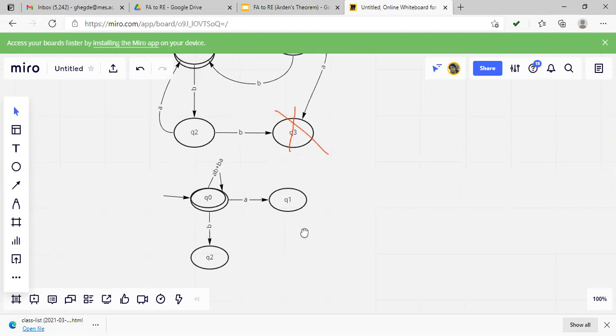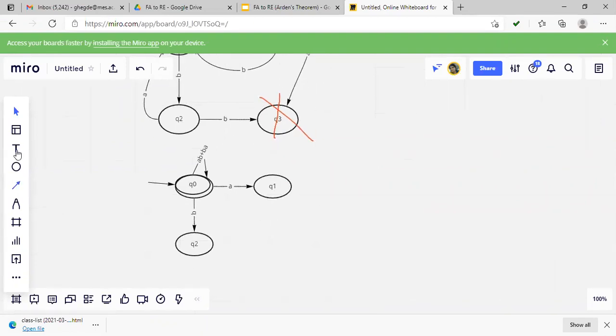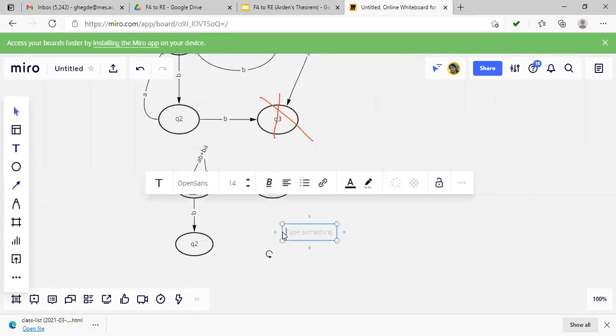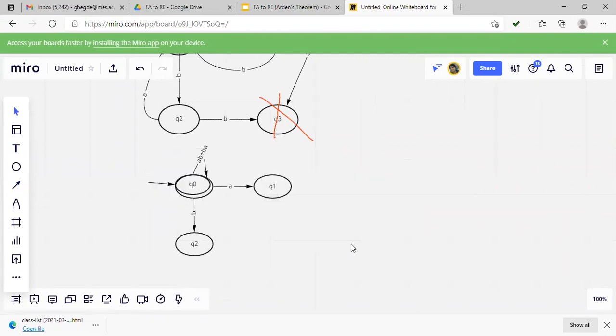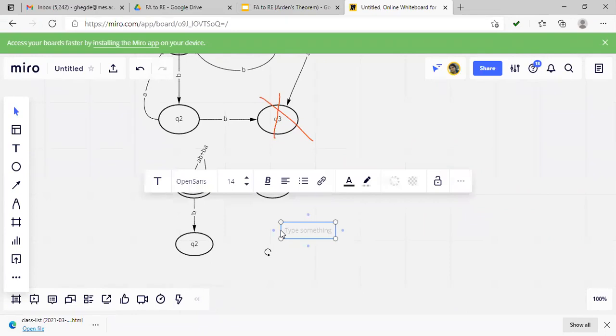Fine. Now what is the RE? Very simple. What is RE? Yes, it is AB or BA whole star.